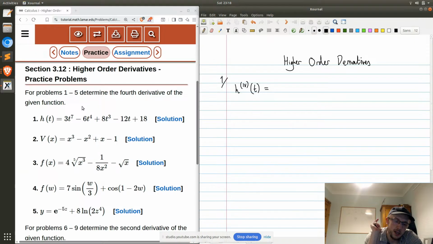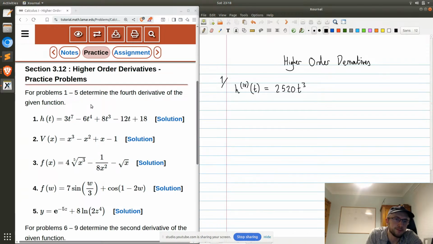Twice, I get 126t to the 5. Thrice, I get 630t to the 4. 4 times, I get 2,520 t to the 3.